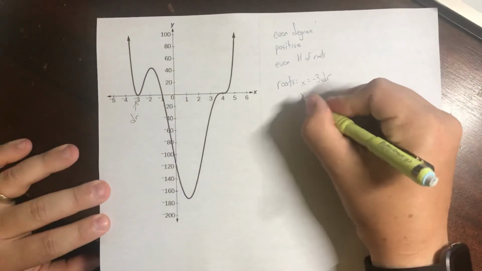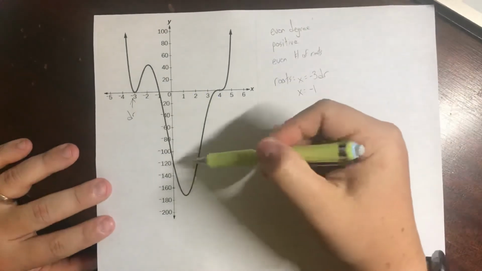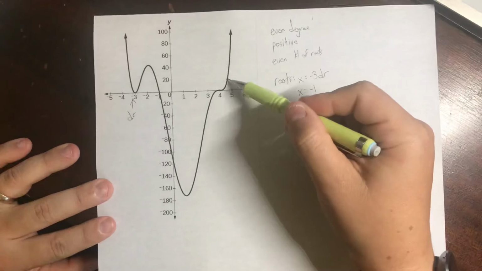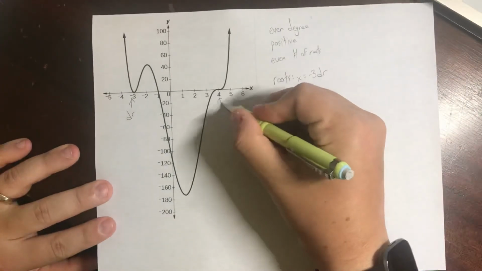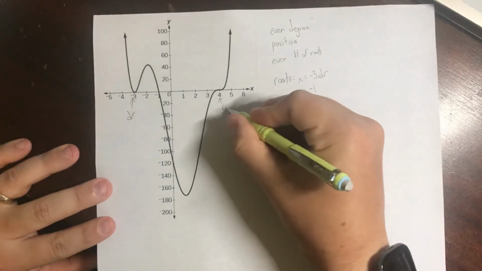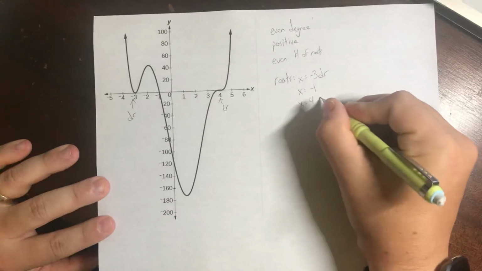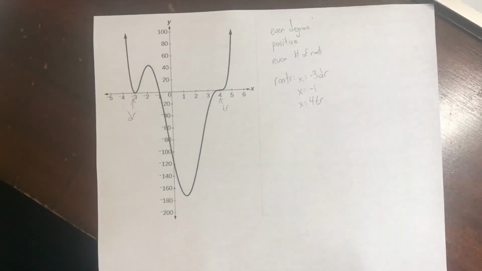So we know we have a root at x equals -1. Our graph comes back down, comes up, and then it kind of does this zigzag like x cubed here. So we know we have another multiple root here. Here we're going to have a triple root. So then we have x equals 4 triple root. And then that covers all of our roots.